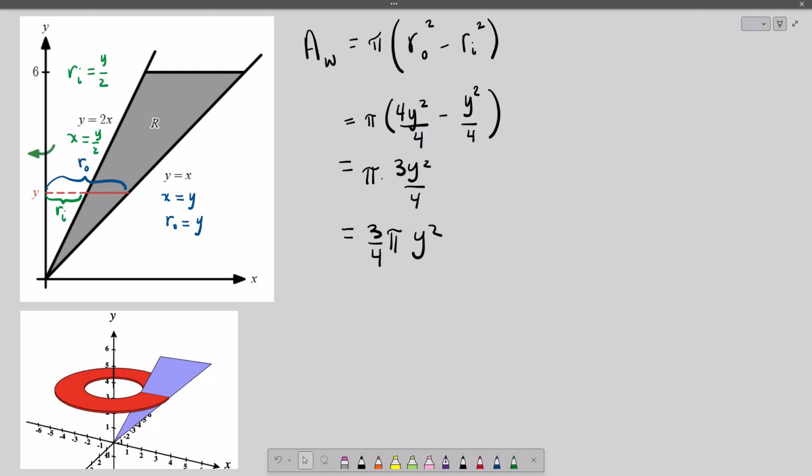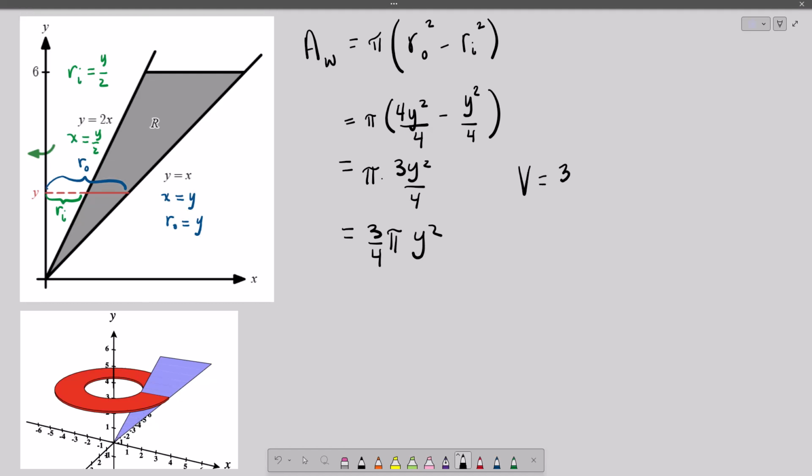So we're just subtracting that empty space left of the shape from the y-axis, from the shape itself. So this is the inside of a donut, essentially, right? So this is the hole. We're subtracting off the hole. The area of that hole is being subtracted off. You get the visual?